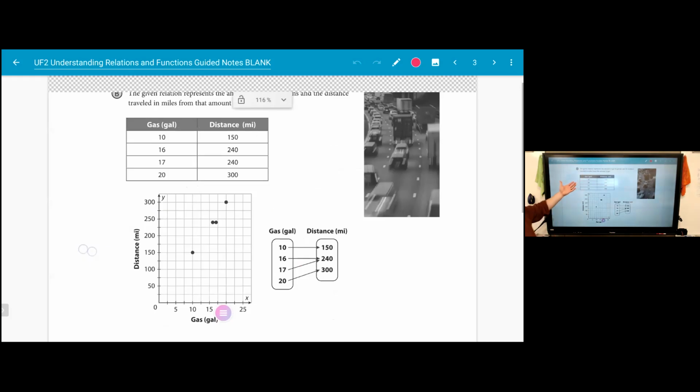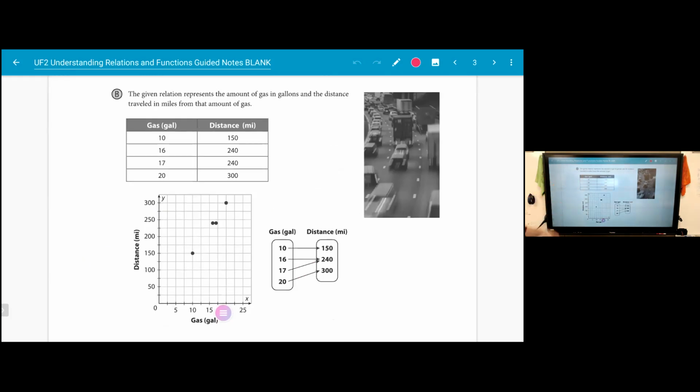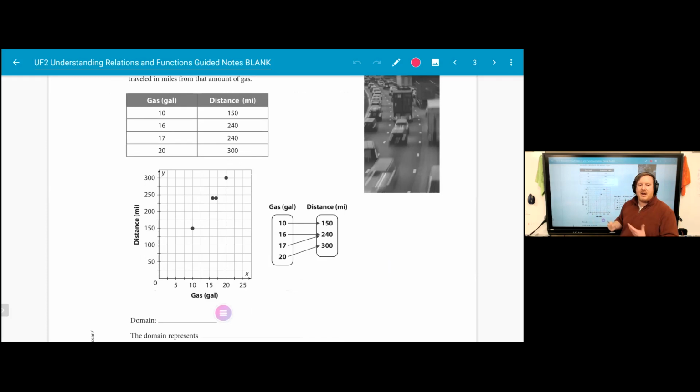The given relation represents the amount of gas in gallons and the distance traveled in miles from that amount of gas. Fantastic. If I have 10 gallons, I travel 150 miles. 16, I get 240, 17, 240, 20, 300. So I got this data, I've got it represented 3 ways.